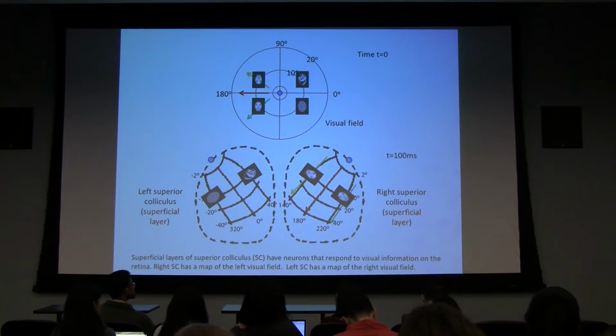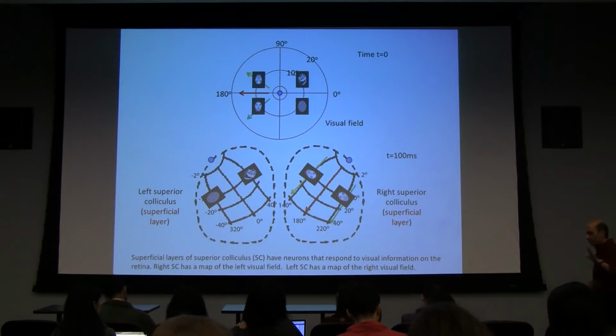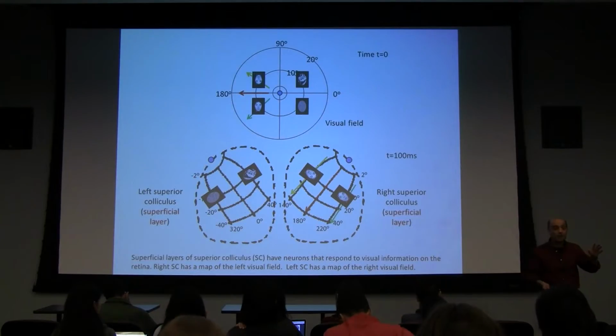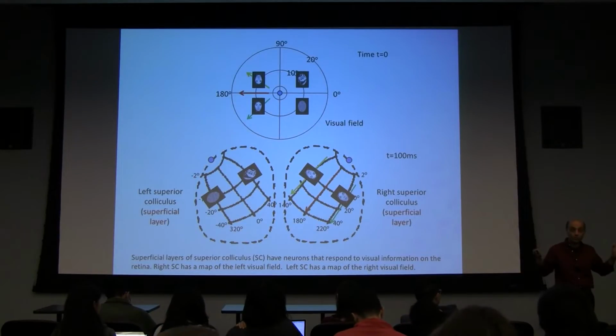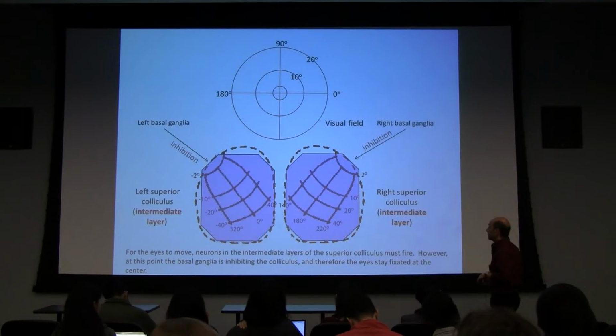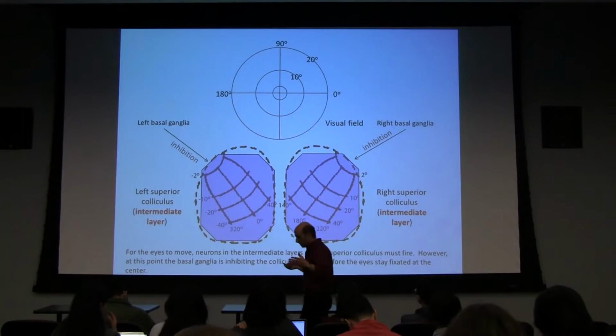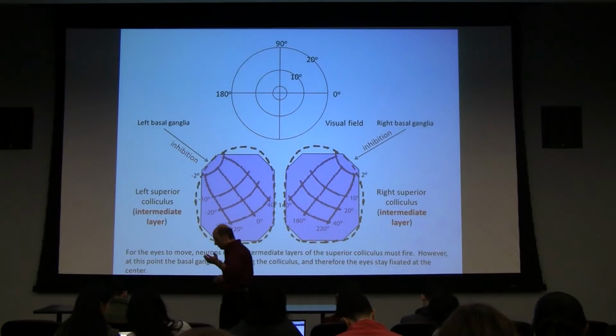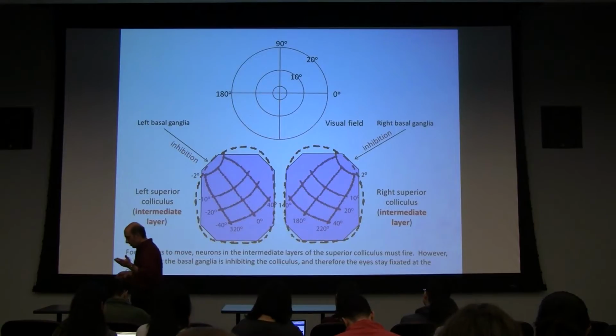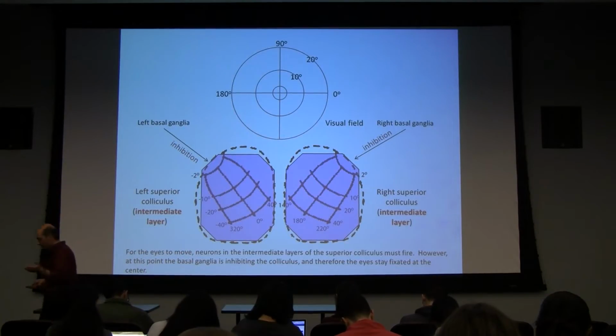Keep your eye there. So the concept of utility, which is deciding among all the things in the visual field what's more interesting, is going to be computed elsewhere and imposed on the colliculus. So the basal ganglia is inhibiting the colliculi. It's saying, just because there's all this visual stimuli there doesn't mean that you should make movements there.